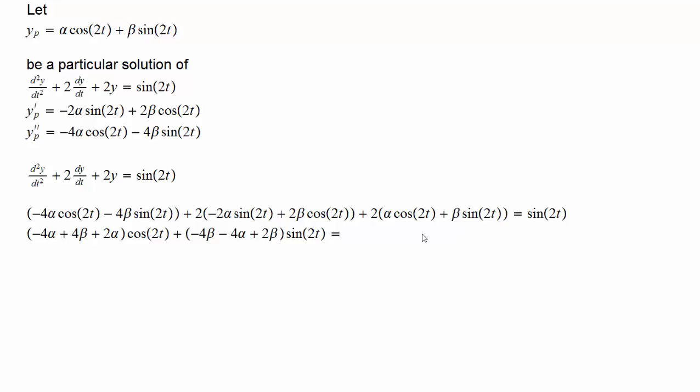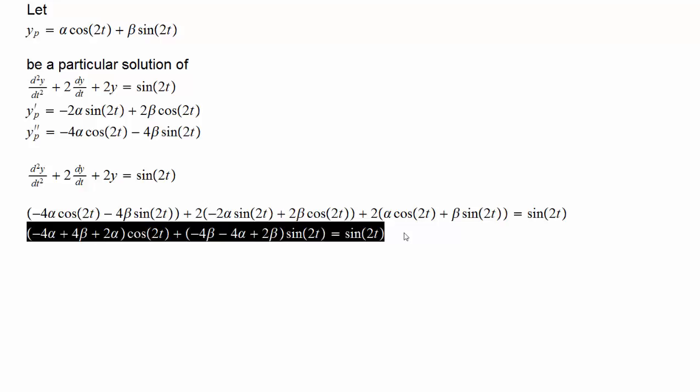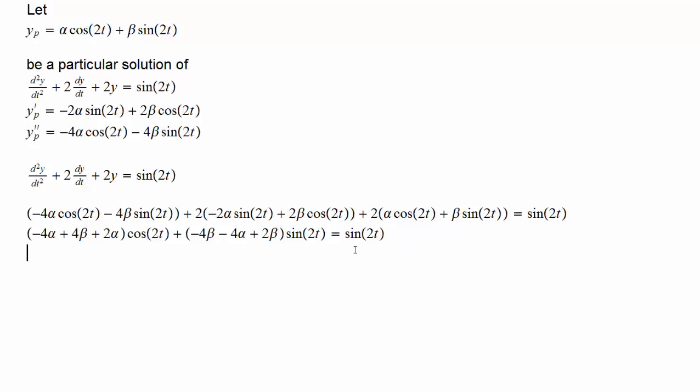Sine 2t and cosine 2t are linearly independent functions, so we are going to make use of that. But first let's do a little simplification. The two terms containing alpha come down to this, and the two terms containing beta come down to this.